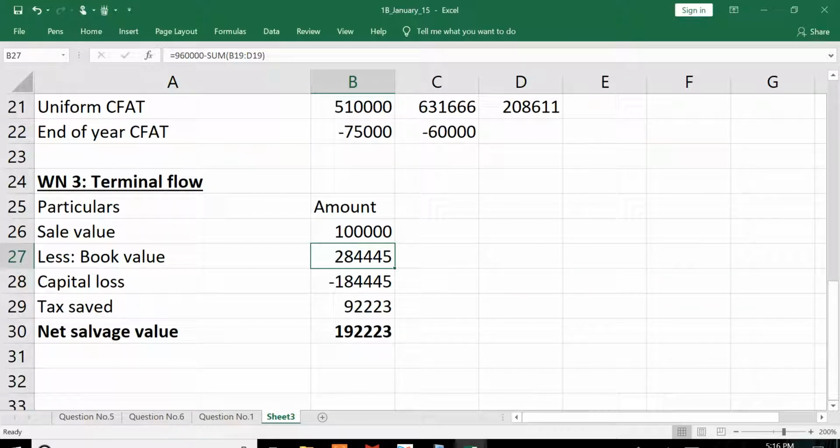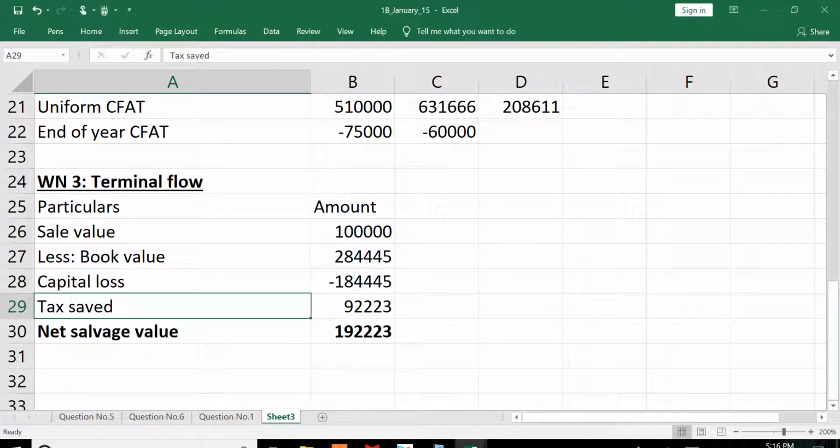You have a capital loss, there's a tax saved, and we get net salvage value. Any doubts on this? Can I proceed? 50% of the loss, you save tax and you get the net salvage value. Any doubts on this? Next, working note 4.